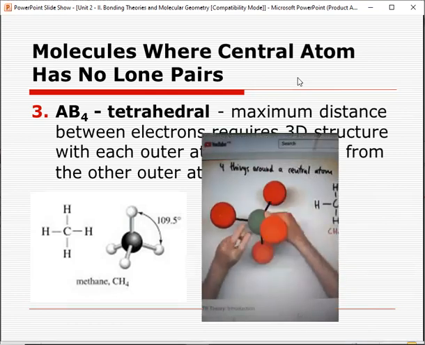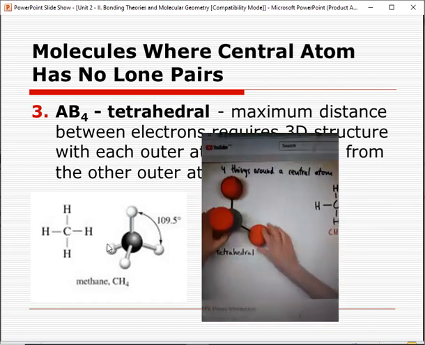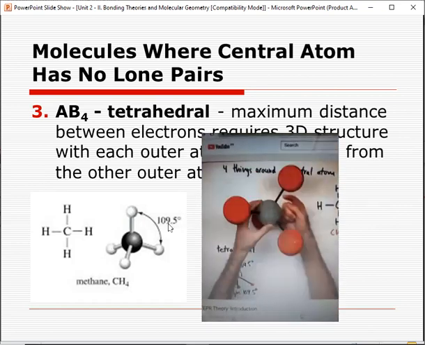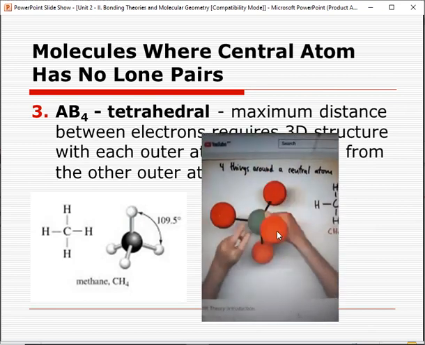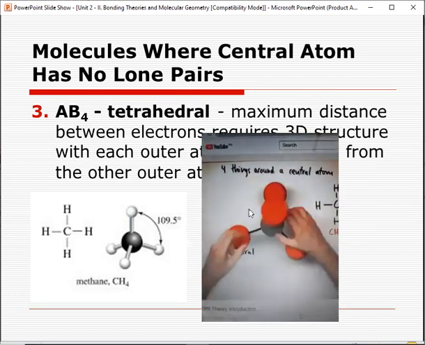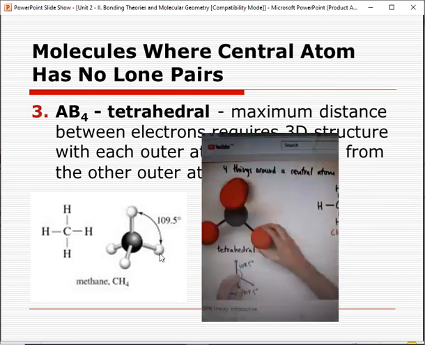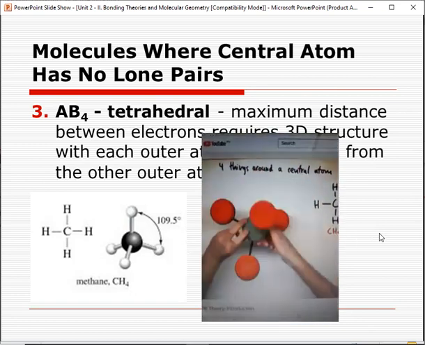This is the picture. It is not flat or just in plane, but this is the actual figure for tetrahedral. So every angle from one outer atom to another outer atom is 109.5 degrees.